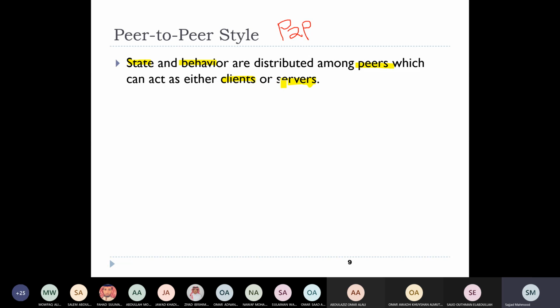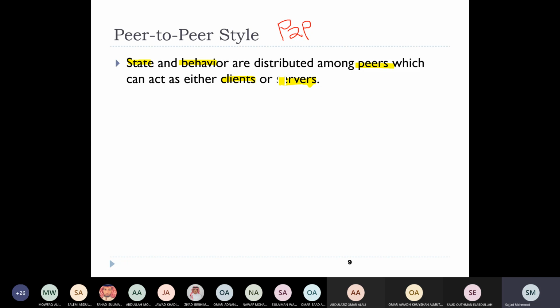So they can request information or data, or they can share the requested information or data. That's the unique thing about P2P style. They can act both as a client or a server in a given application, and they can share states and behaviors. Now this is completely different from all the basic styles we have seen so far.